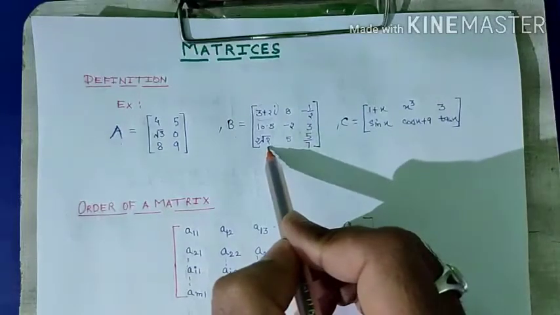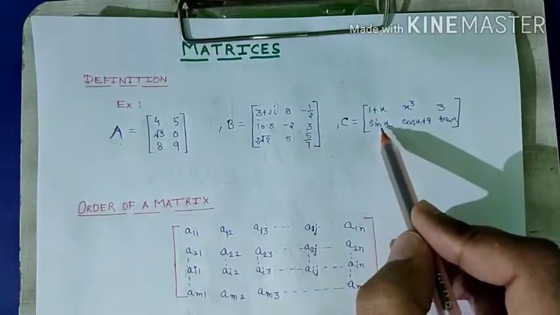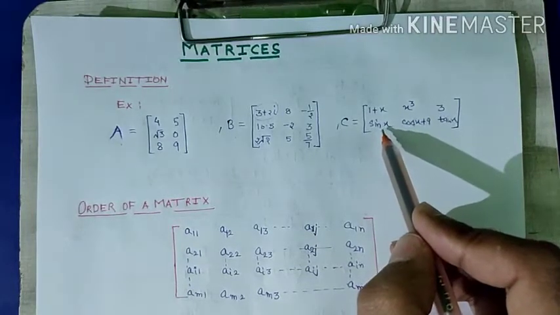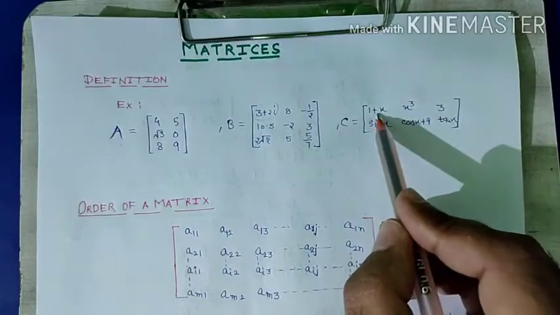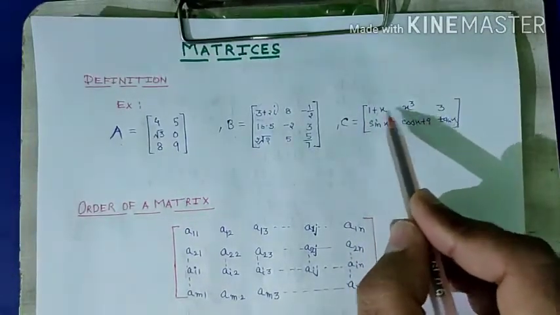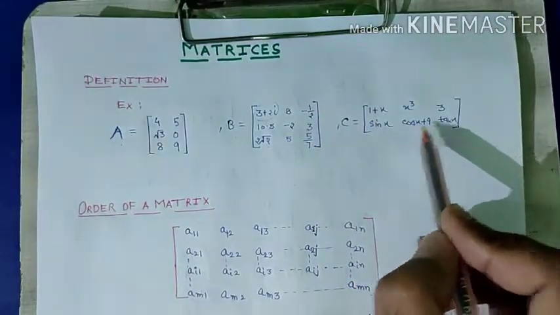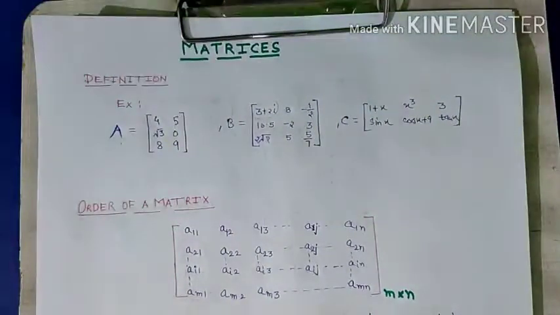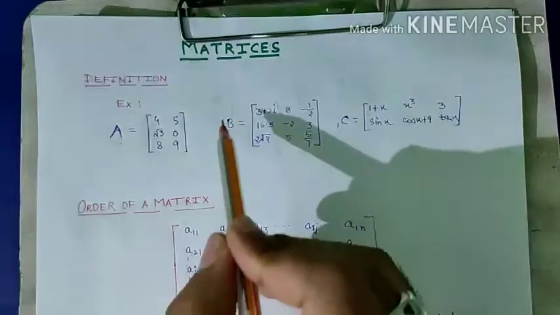Rational numbers, irrational numbers, and some functions, as I told in the definition part, could be part of matrices as entries, like x cube, 1 plus x. These are functions, sin x, a trigonometric function. So these could be part of an entry.